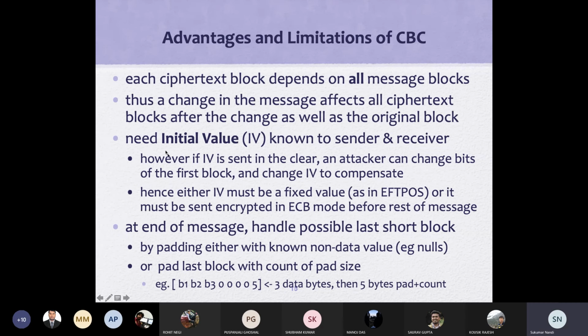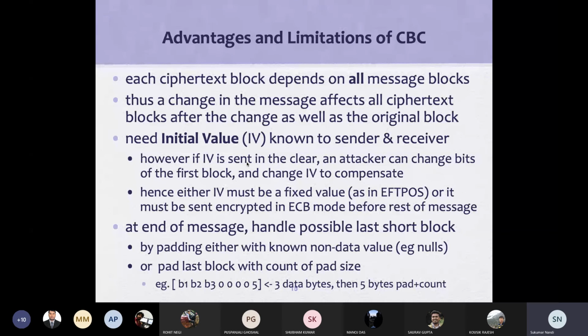Now the question is the initial value or initial vector. What should be the initial vector or initial value which both sender and receiver should use during reconstruction or getting the plaintext? How will we send it? One option is that they know each other and use a standard or well-known default value.